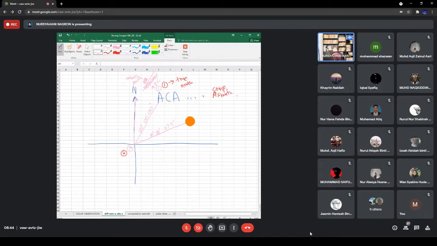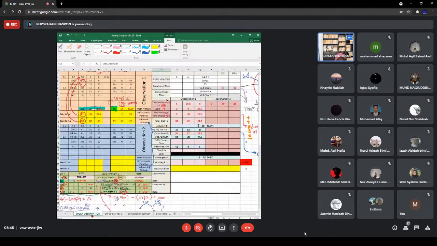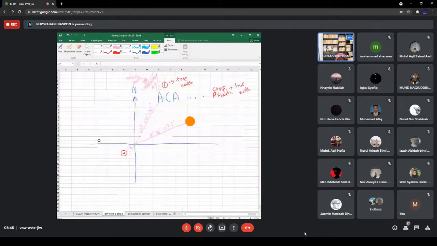The computation azimuth is from the true north, the value from the direction of true north, because we observe the sun. So at the true north you get 86, 27.